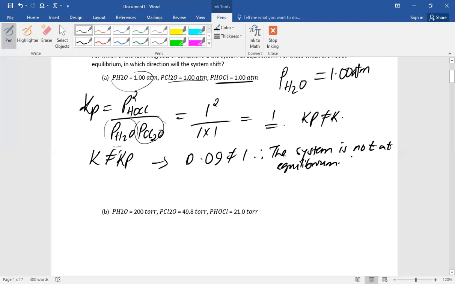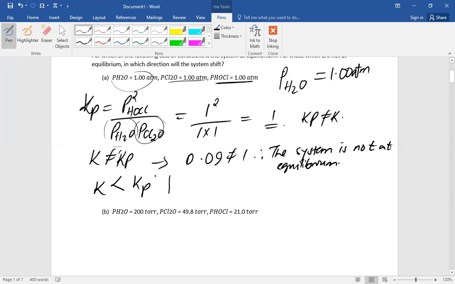Now, if it's not at equilibrium, we should state in which direction the system will shift. Here K is 0.09, which is less than 1, so K is less than Kp.